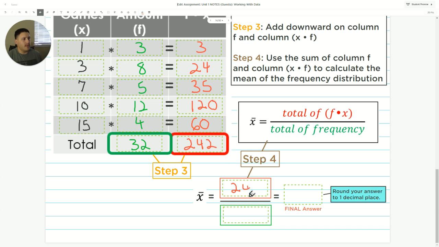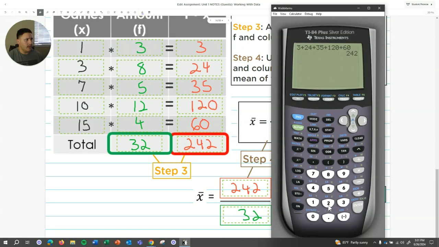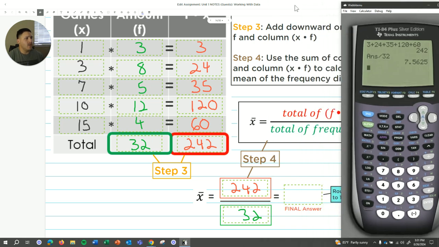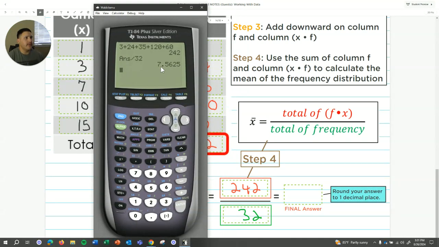Okay, 242 divided by 32. Type that into our calculator. 242 divided by 32 gives me, rounded to one decimal place, 7.6.